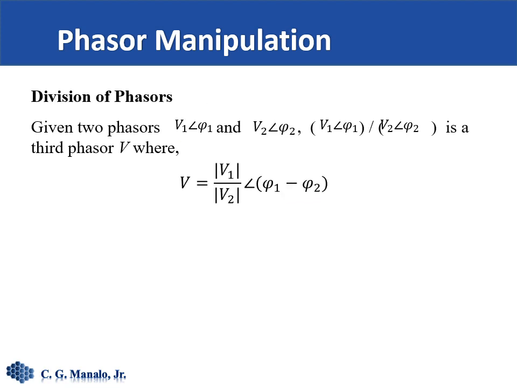Division is also possible. So we say we have phasor V1 and V2. What is V1 divided by V2? Well, we will get a phasor with a magnitude that is equal to the magnitude of V1 divided by the magnitude of V2, and the angle there would be the angle of V1, which is the angle in the numerator, minus the angle of the phasor in the denominator.